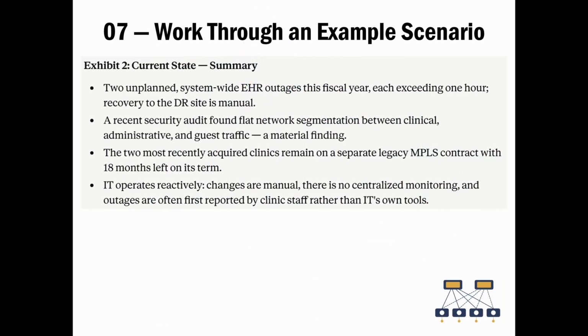Now, let's read. Exhibit 2. Current state. Summary. 2 unplanned system-wide EHR outages this fiscal year, each exceeding 1 hour. Recovery to the DR site is manual. This is a requirement because it is a problem we should solve.